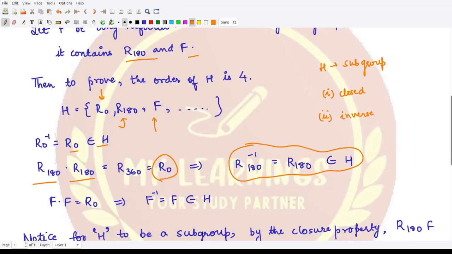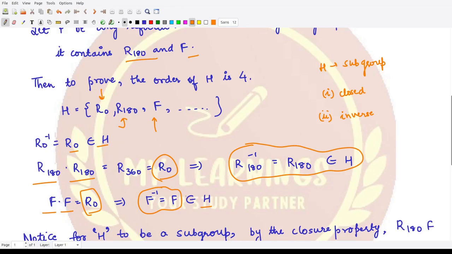And for f, any reflection composed with itself gives back the same figure, because when you perform the same reflection twice, you get back to the original orientation. So the inverse of a reflection is its own, so f inverse is just f.